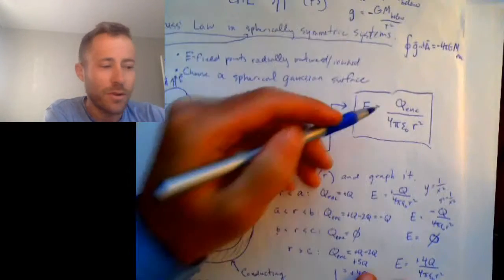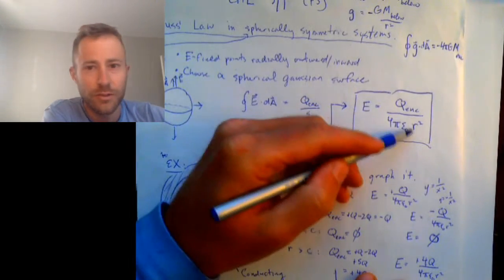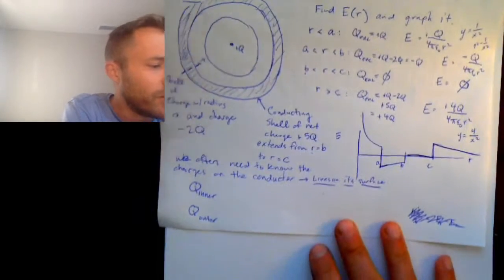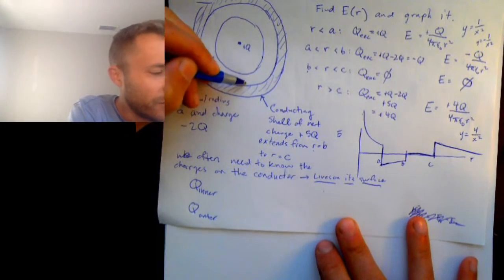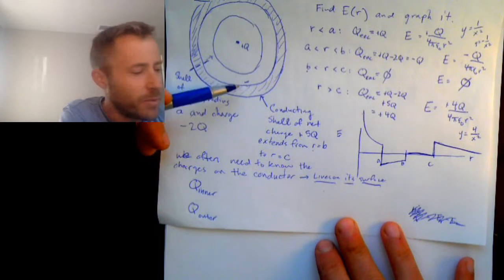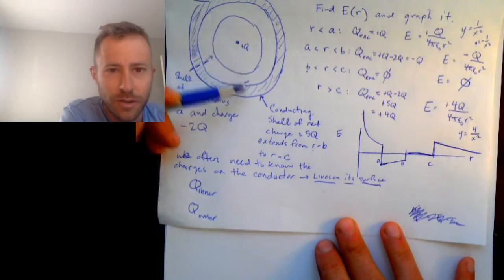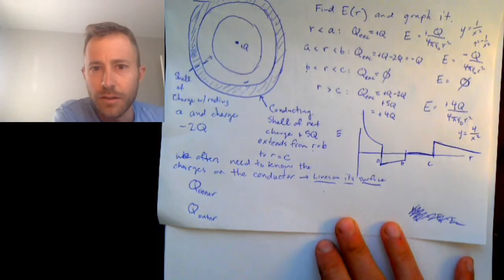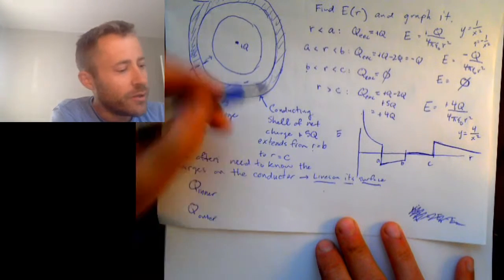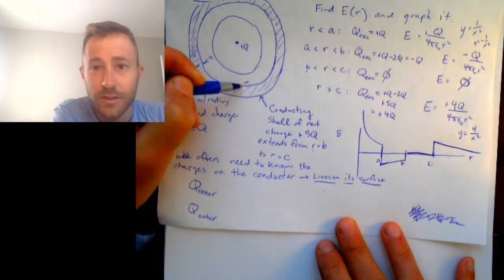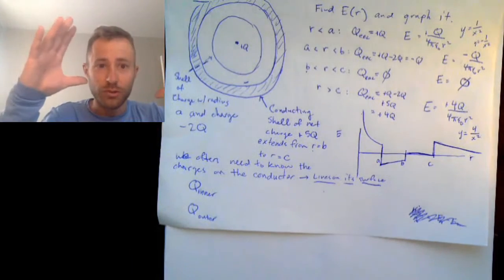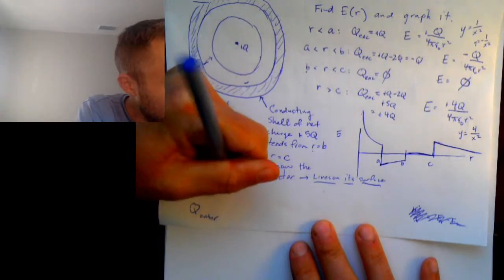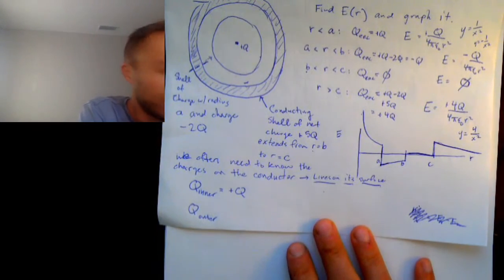Because we have 0 on the left-hand side, and R isn't 0, so we've got to have 0 charge enclosed. So if we had a Gaussian surface right here, in between the shell and the conductor, it enclosed minus Q of charge. So the inner surface has to have an additional amount of charge that makes the total charge enclosed 0. So that means that the inner surface has plus Q of charge.